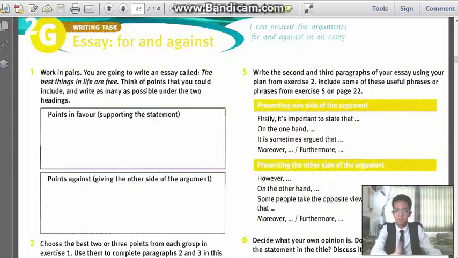So we will have to think of our points in favor, which means to support the statement, and points against, which means to give the other side of the argument, with the title The Best Things in Life Are Free.